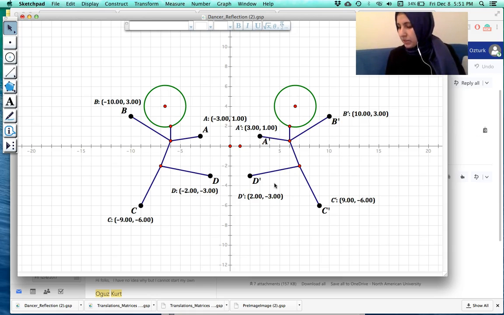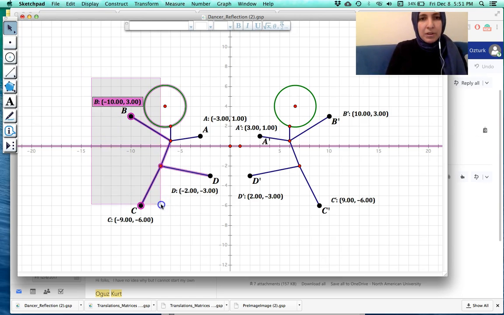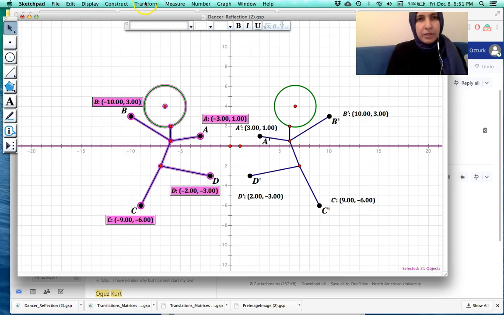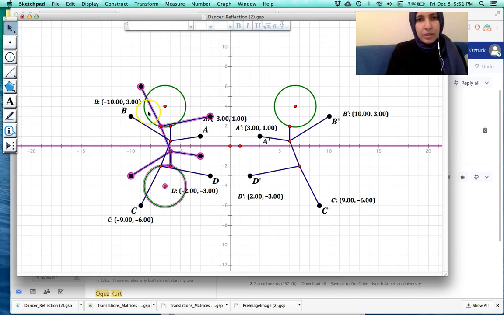Question 20. Predict and check what happens to the coordinates when the stick figure is reflected over x-axis. Let's pick x-axis as a mirror and then reflect it. Yay, I got another stick figure, and let's label this one C', D', and A', and B'.